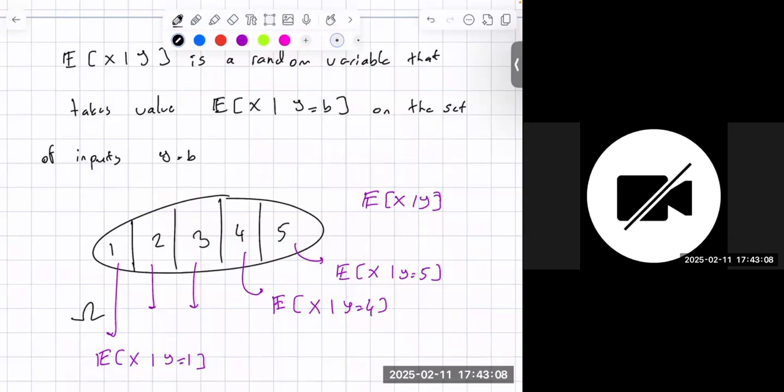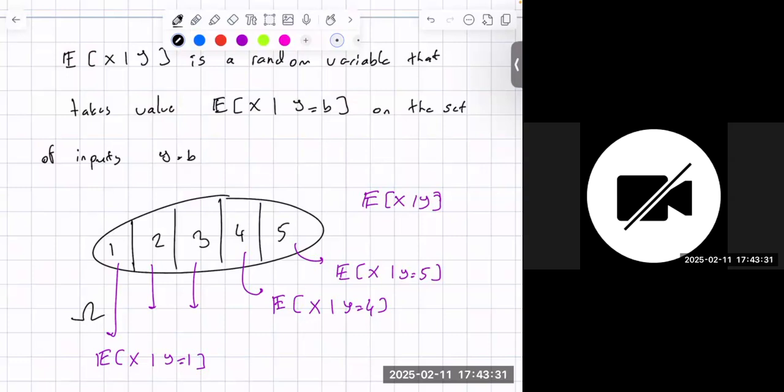Right. So this conditional expectation confuses a lot of people when you first see it. It's going to look like this. Suppose this is my universe, and my random variable y can take values 1, 2, 3, 4, 5. The conditional expectation of x conditioned on y is going to be another random variable.